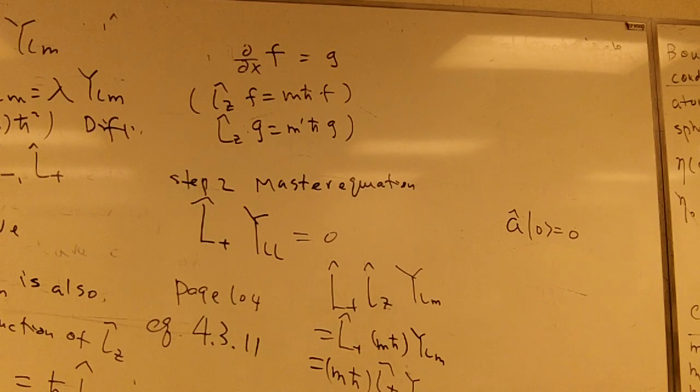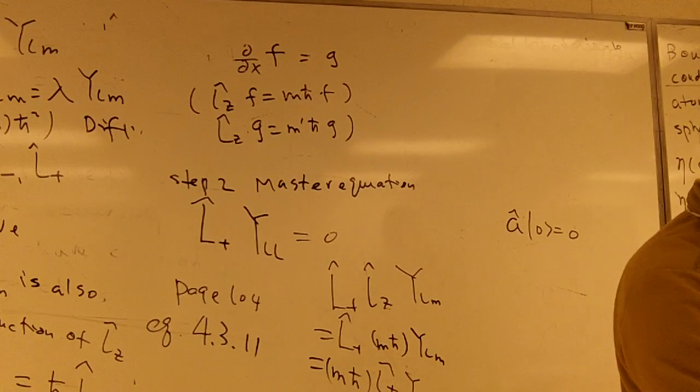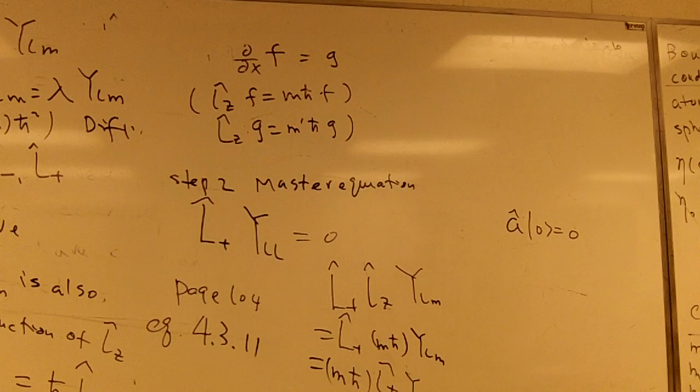Read that equation, please. e to the i l phi partial with respect to theta of G_l of theta plus i cotangent of theta G_l of theta times i l e to the i l phi equals 0, which gives us the derivative of G_l of theta with respect to theta equals l cotangent theta G_l of theta. Okay, thank you.